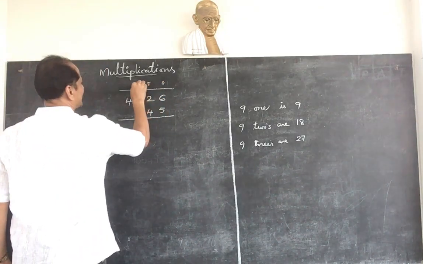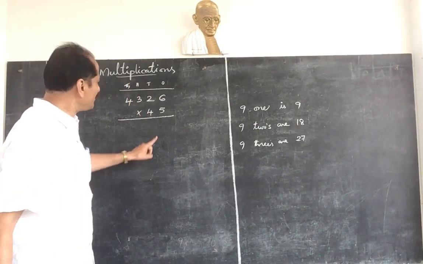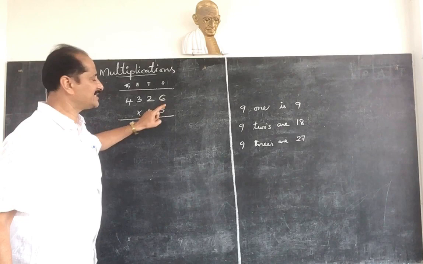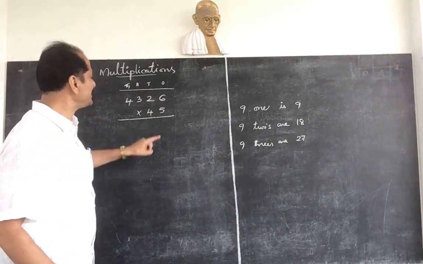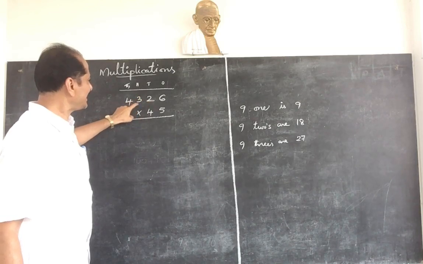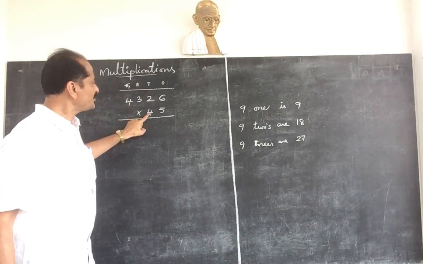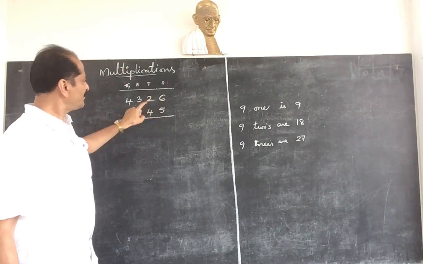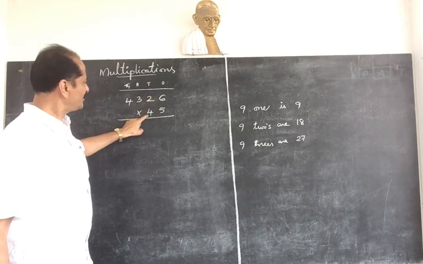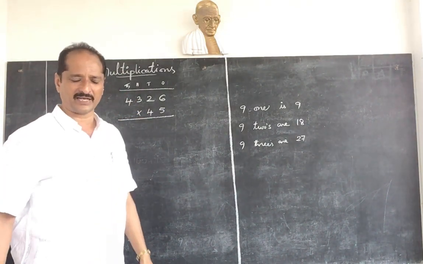Ones, tens, hundreds, thousands. So whenever we are multiplying 5 with 6, we should start from ones place onward. That means this 5 we should multiply with ones, next tens, next hundreds, next thousands. In the same way, 4 we should multiply with ones, tens, hundreds, and thousands place digits and go on.